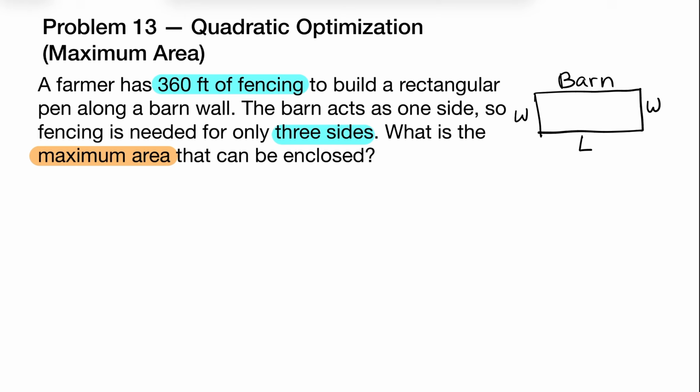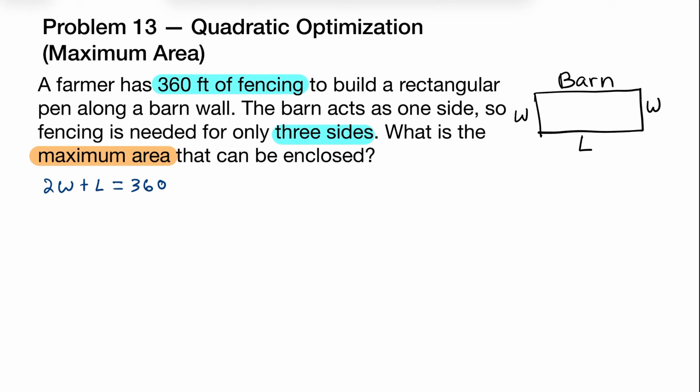The total amount of fencing equals 360 feet, and it's used for the two widths and the one length. So we write 2W, which stands for the two widths, plus the length, equals a total of 360 feet of fencing.